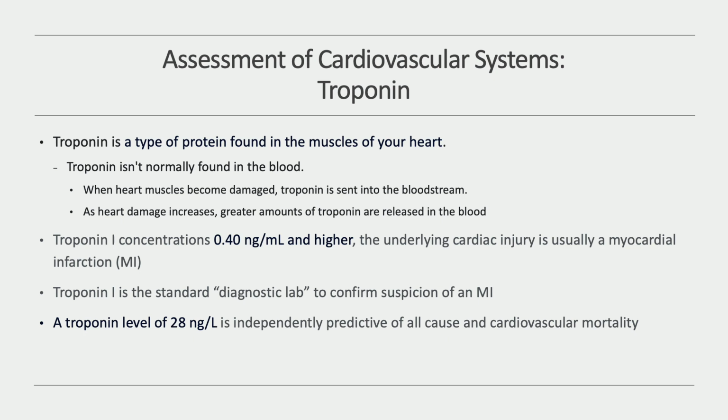Which is kind of a heart attack, sure, but it's the one that we can definitely recover from to some capacity. So please understand your levels, what it does, how it works, right? And know that that's the diagnostic lab that we are going to use to confirm a suspicion of that infarct.